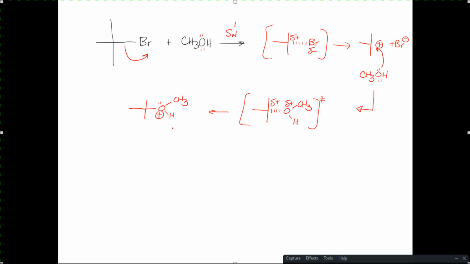And now in the third step, what happens? In the third step, my solvent, the methanol molecule, is going to come in and grab that hydrogen, and then the OH bond is going to break and the electron pair goes to the oxygen.